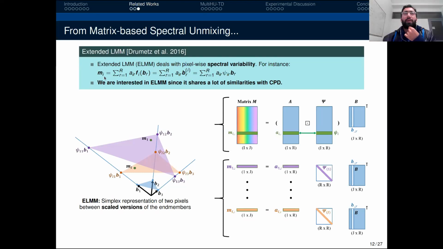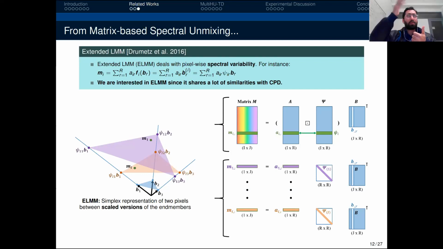Sure. Here we have M_i, so it's one pixel of M, which normally would be the summation of A and B. But what we see here is that it's not A directly multiplied by B. What is proposed is that for each pixel there is a function of all the B, so there is an F_i of all the B, and this F_i is what we suppose models the variabilities at this pixel that come from real scenarios.